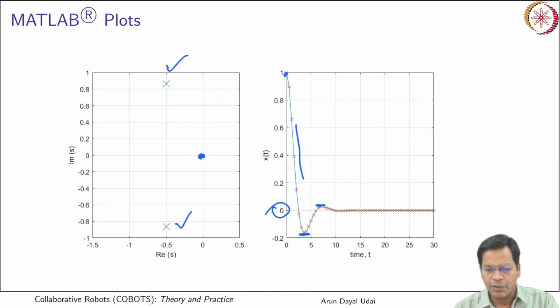The amplitude decreases exponentially every cycle, and finally it comes to this. That is how it behaves. You can now compare with your earlier results.